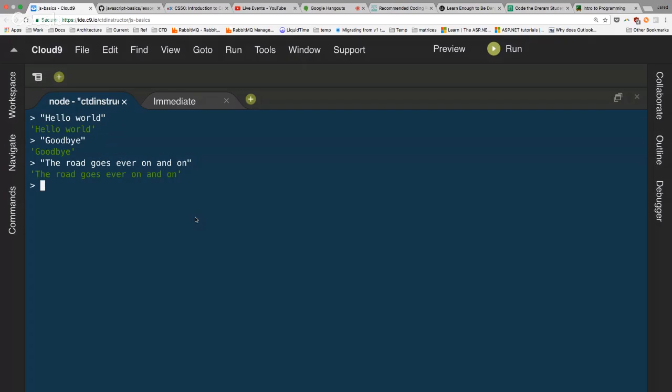And a string isn't restricted to just letters. This will be a little interesting, but 5 plus 5 right here inside of quotes, that's a string. You notice that unlike before when we wrote 5 plus 5 directly, and we got back 10, here it's showing us just 5 plus 5.